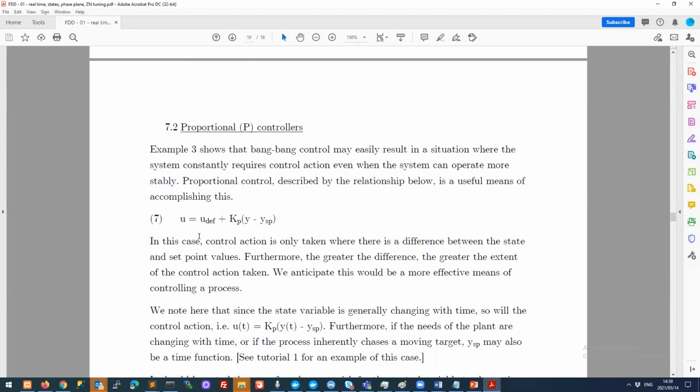And so you want to apply enough lighting so that you get to your desired amount of light in the room. So there's a certain error that your current environment is away from your desired set point. And so you apply a control action that's proportional to that difference. So the greater the difference from the set point, the more control action you want to take, the more lighting you want to apply. So that's a proportional controller, proportional to the error away from the set point.